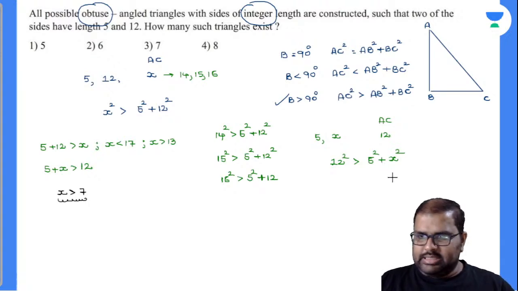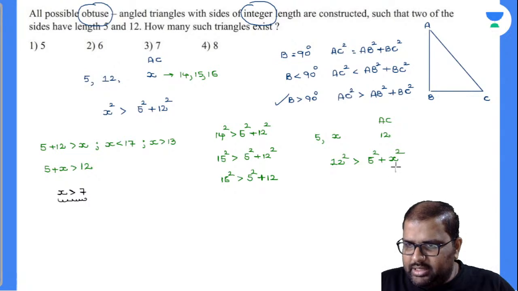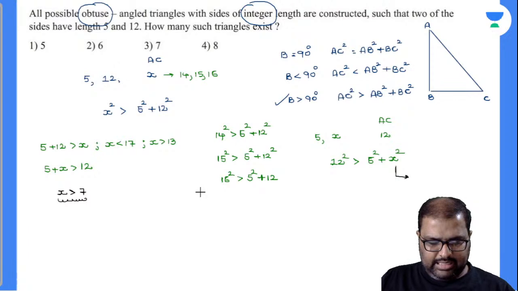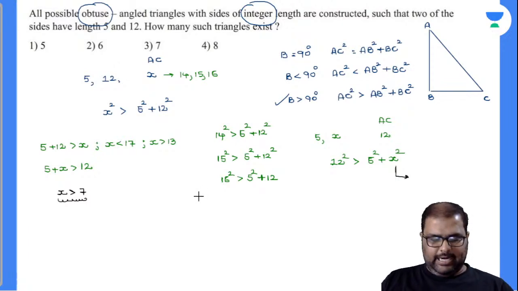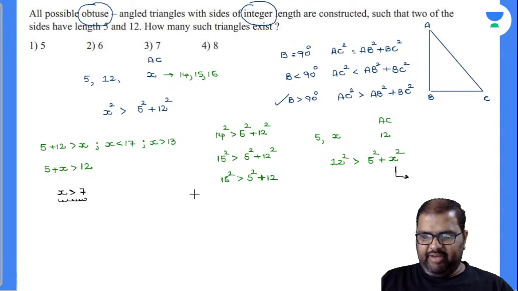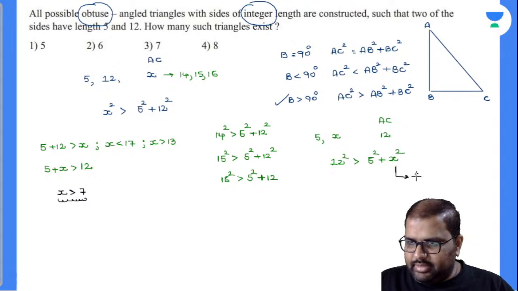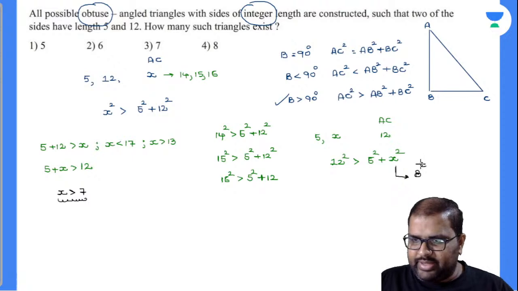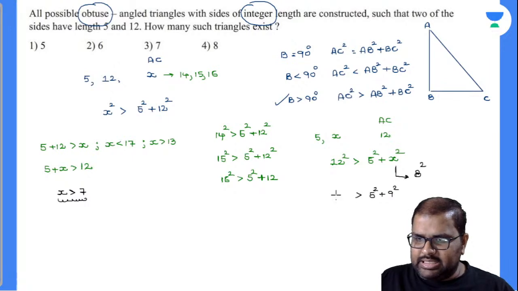Now see here, when it becomes 144, check there, 144 minus 25 will be 119. Okay. If I take 8, 8 square is 64 plus 25 is 89, and 144 is greater. If I take 5 square plus 9 square, is 12 square greater?